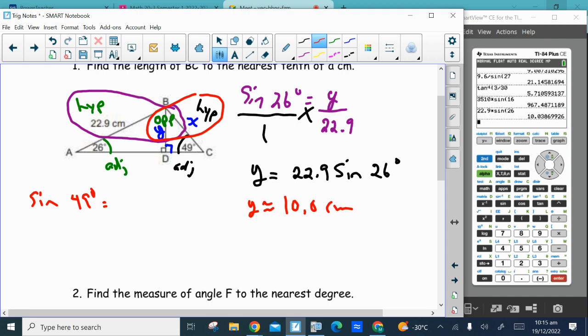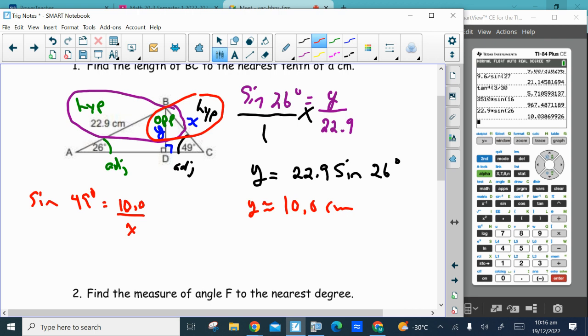And the SO part tells us that it's O first, H second. Opposite on top over hypotenuse on the bottom. Now, I didn't write what the opposite was. We just calculated it to be approximately 10. So we'll put that in there. 10.0 divided by the hypotenuse, which is x.